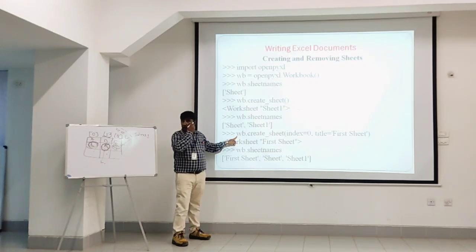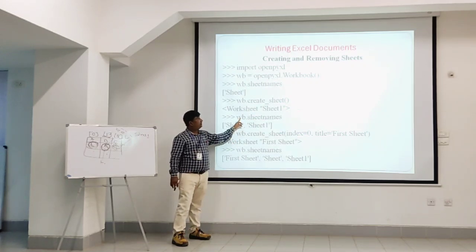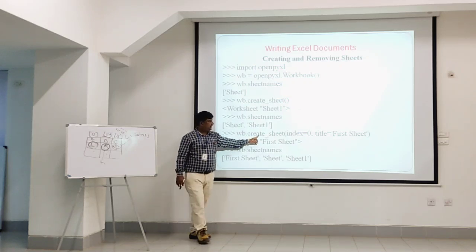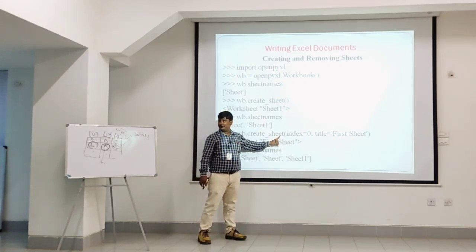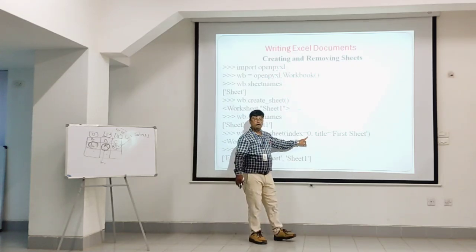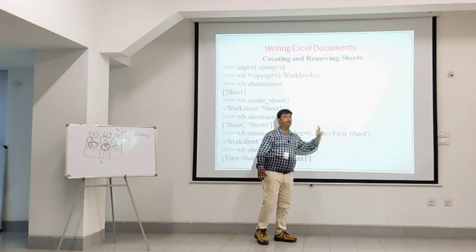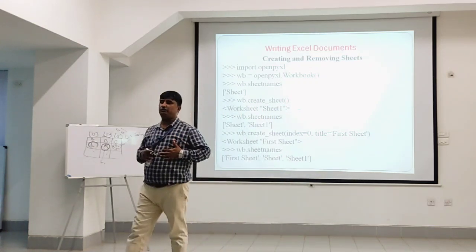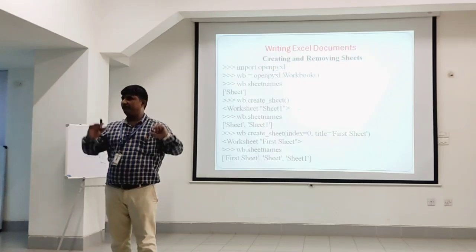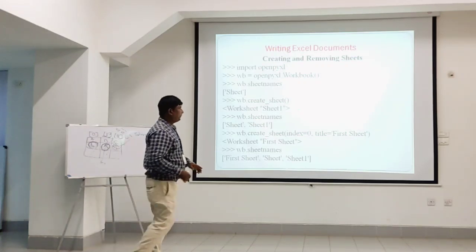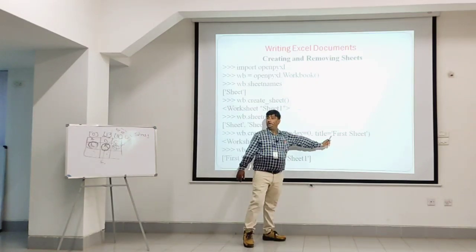Now the question. Next, wb.create_sheet. See the parameters I am passing: index=0, title="First Sheet". What happened? Initially the workbook contains "Sheet" and "Sheet1". I am creating one more sheet. What is the sheet name? "First Sheet".